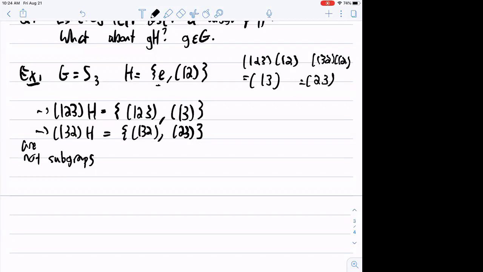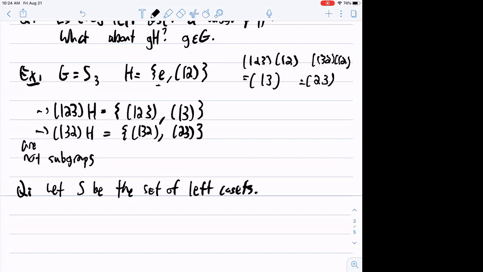Okay. Now here's a question for the class. You can think about this. I'm not going to go over it because that's for later, but let S be the set of left cosets.